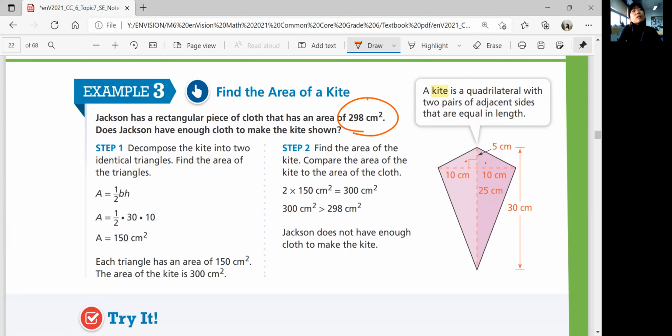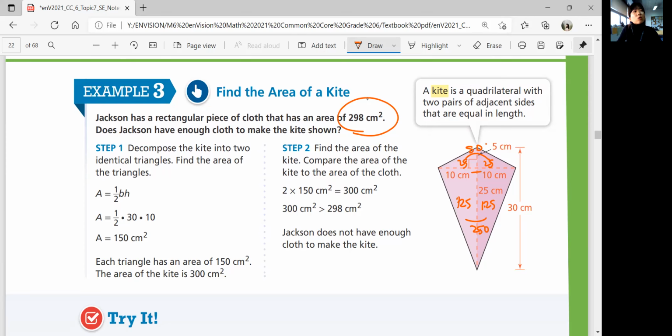And then the triangle on the bottom, you have 10 times, the whole thing is 30, but this height is going to be 25, right? So 10 times 25 is 250, divided by 2 is 125, but you have two triangles of 125, so together it's 250. So together it's 300 square centimeters.